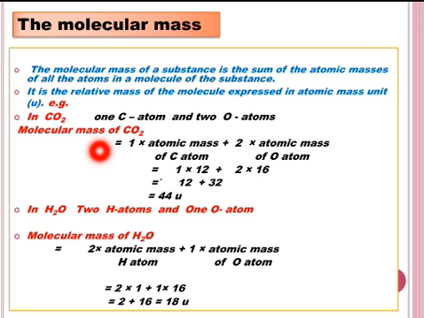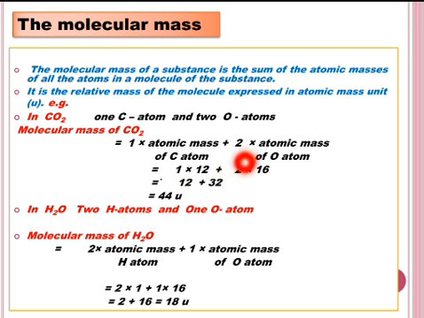How can you calculate the molecular mass of carbon dioxide? First of all, see the number of carbon atoms present in this molecule of carbon dioxide and multiply it with its atomic mass. There is one carbon atom, then multiply it with its atomic mass 12. It comes out to be 1 multiplied by 12 is equal to 12.